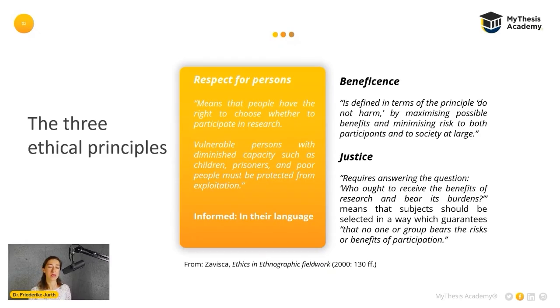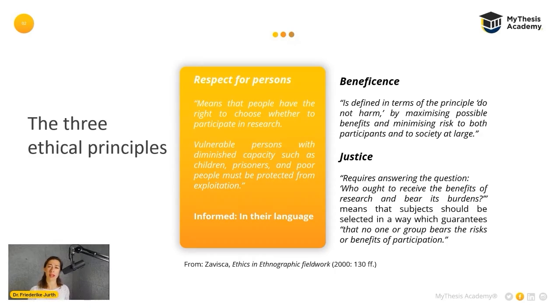This is very important because vulnerable persons have more disabilities, and so they need to be protected in a specific way. What is very important is also that the information should take place in their language.